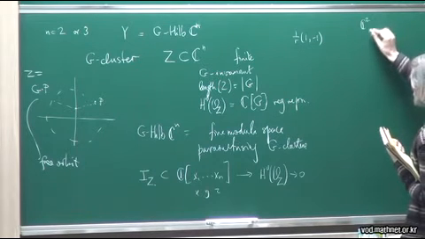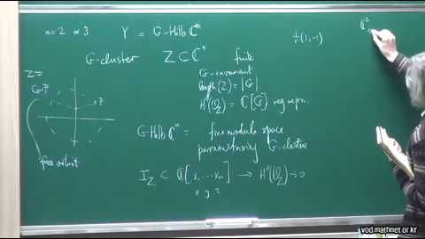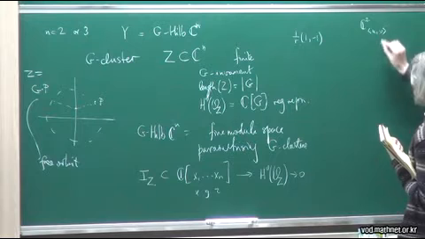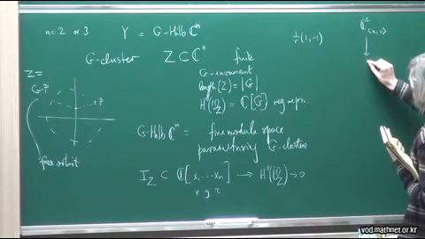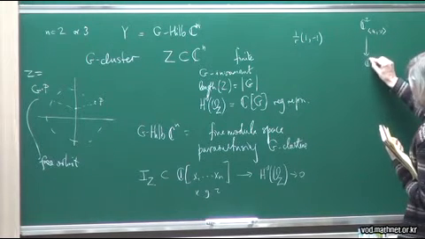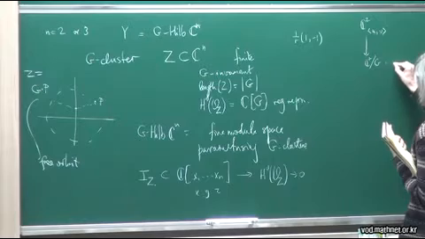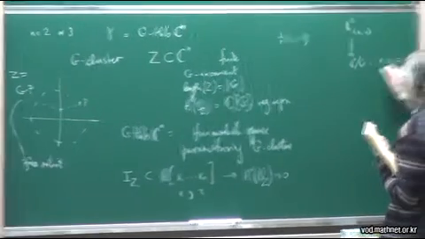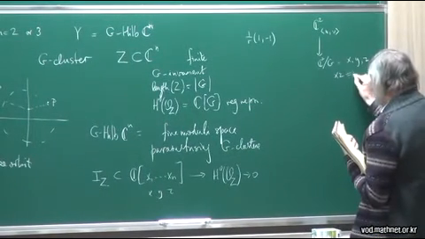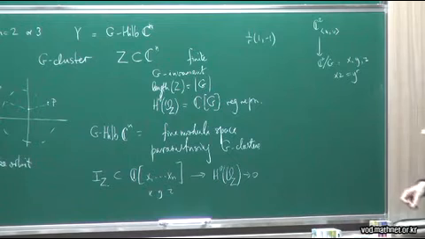And so let me write u and v for coordinates here. They're coordinates on C2 over G. This is x, y, z with xz equals y to the r.